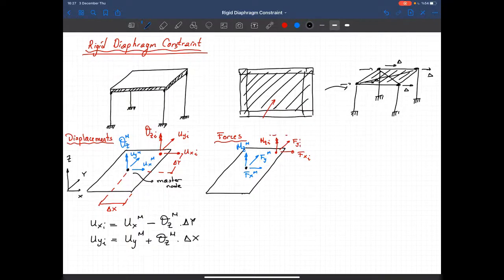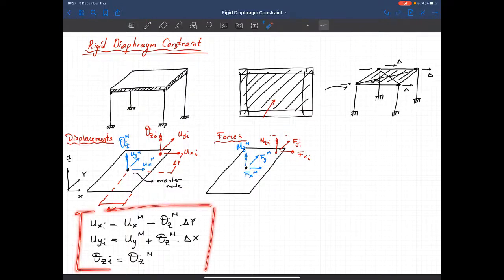Since this is a rigid rectangle, theta z i will be equal to theta z m. So these are my relationships between the degrees of freedom of a typical node and the master node.